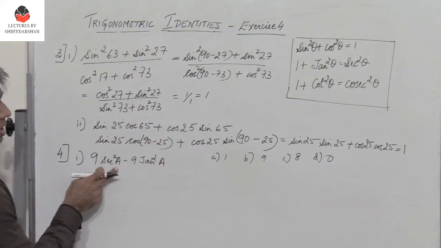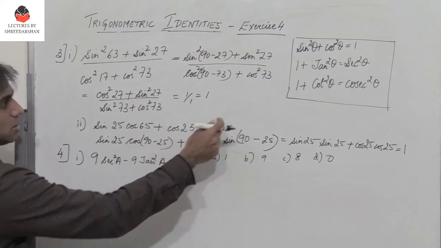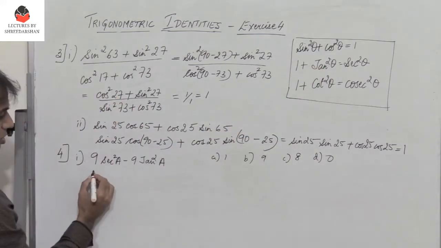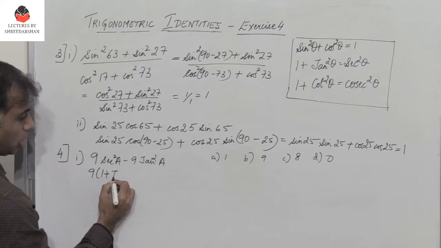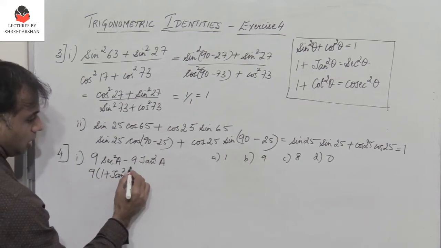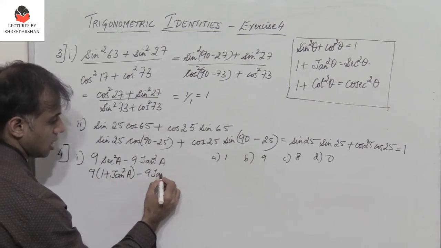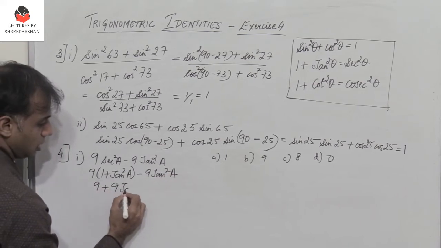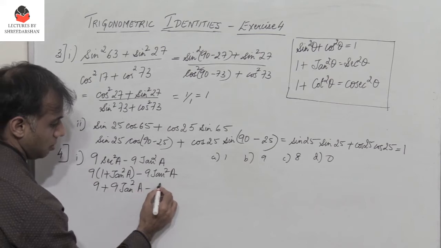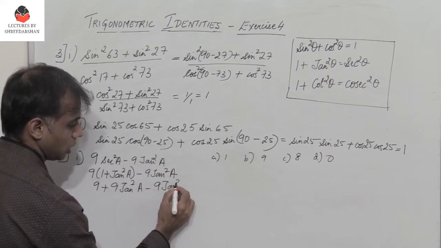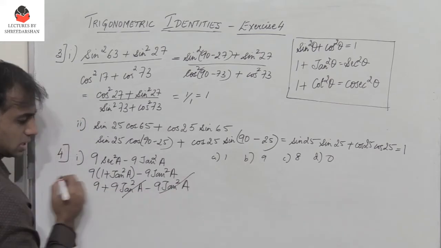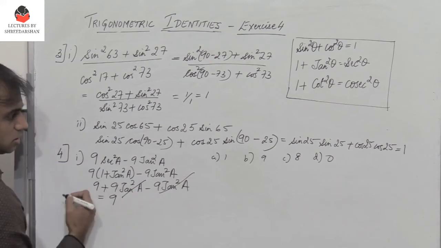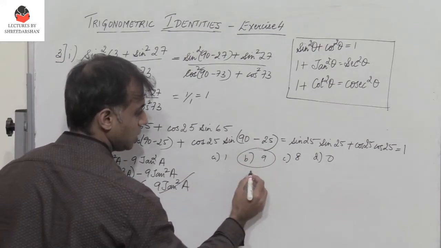I can represent secant square A as 1 plus tan square A by this expression. So I have 9 into 1 plus tan square A minus 9 tan square A. So I would get 9 plus 9 tan square A minus 9 tan square A. So this gets cancelled and I am left with 9. So the right answer is B, which is 9.